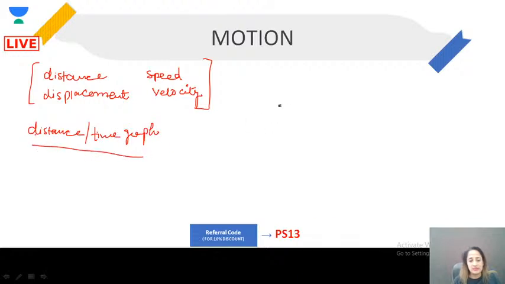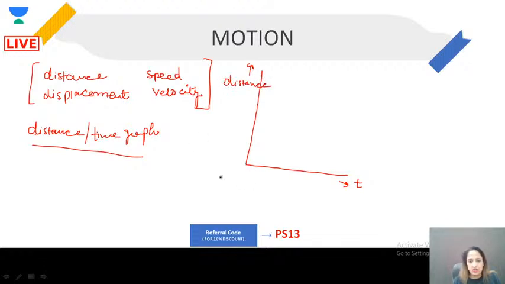Right? Let's assume we have this graph. So along this axis we have time, along this axis we have the distance covered by the object.